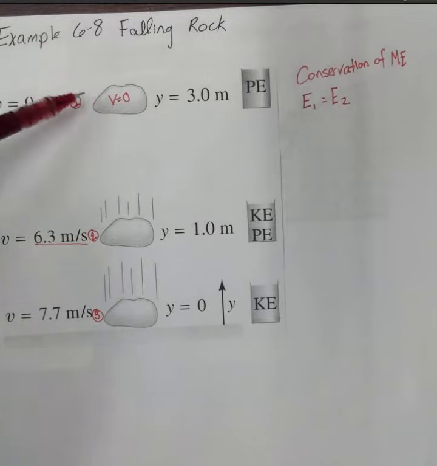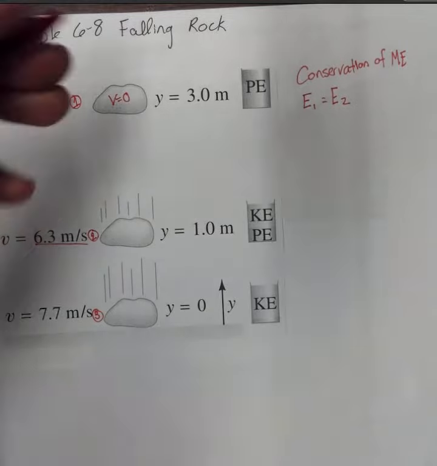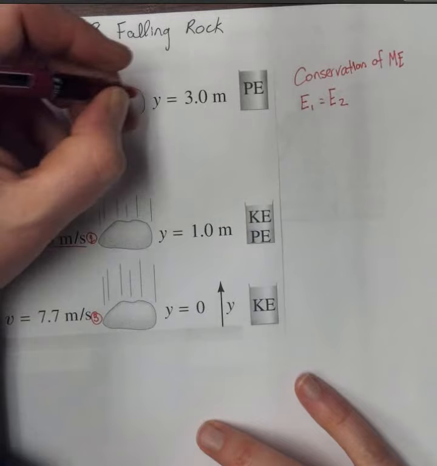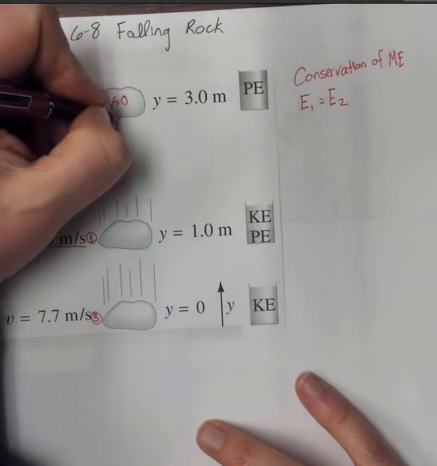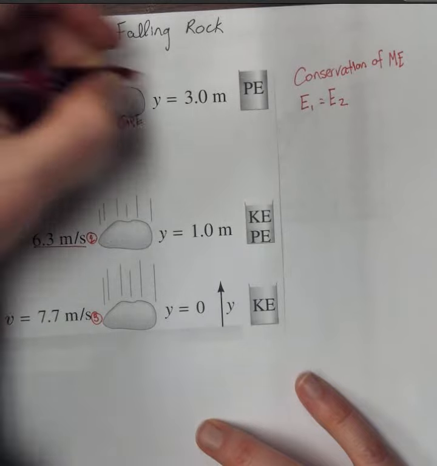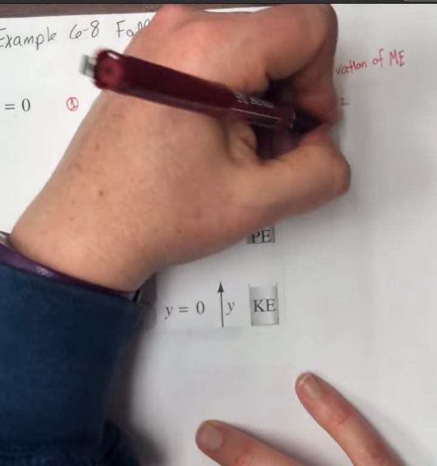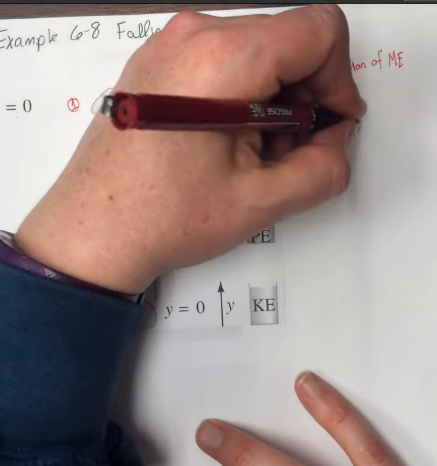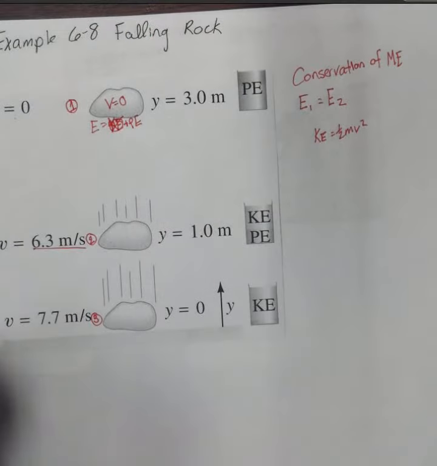At the top, its velocity is 0, so all of its energy equals KE plus PE. If its velocity is 0, its kinetic energy is 0, because remember, kinetic energy equals 1/2 mv squared, and if velocity is 0, so is kinetic energy.